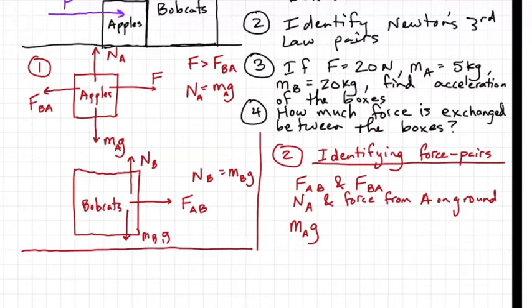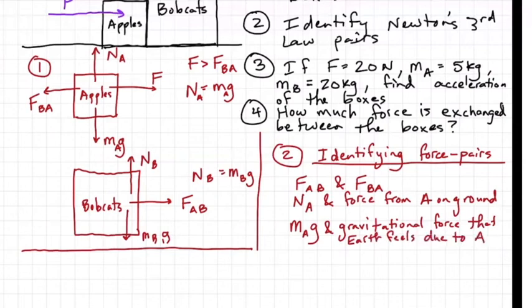So there's a gravitational force that the Earth experiences due to box A. Even if I lift the box up, there's still this attractive force that's gravitational. That doesn't require any contact between the Earth and the box of apples. It just requires that the box of apples has mass and that the Earth has mass.